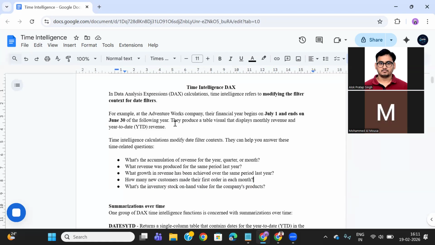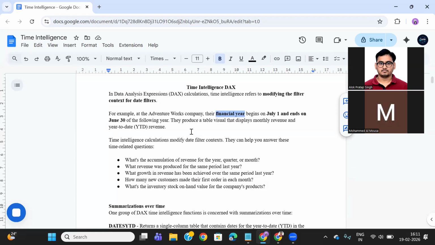Let's take an example. As we have already discussed, Adventure Works is a US-based company. Let's suppose their financial year begins July 1 and ends on June 30 of the following year.